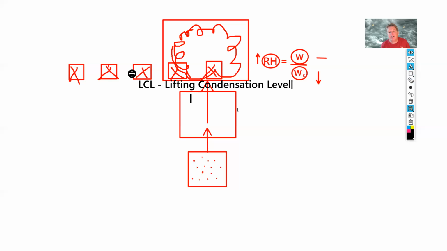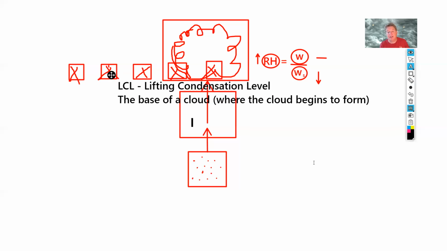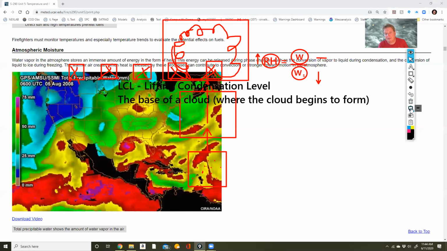And the lifting condensation level is the base of a cloud, where the cloud begins to form. Okay, that's what the LCL is. So, gee, I wonder if this is important. I think it's really important.